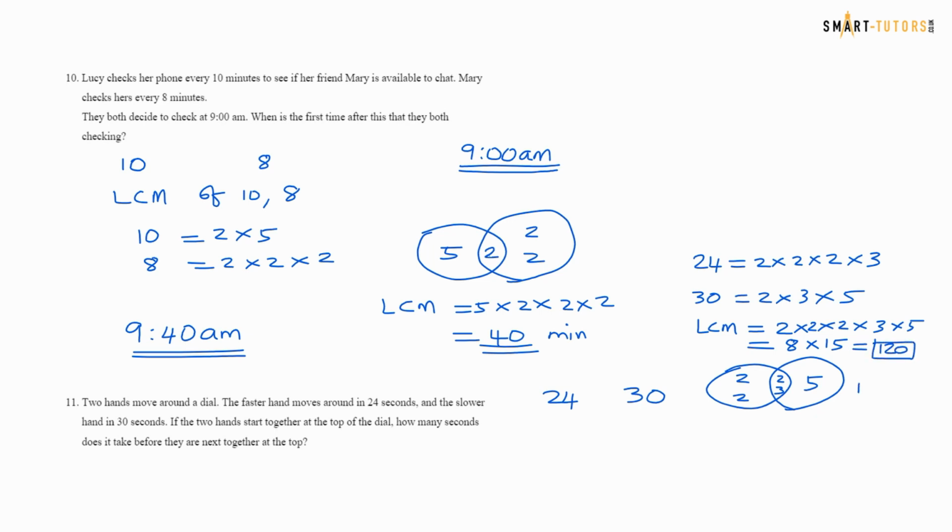So 120 has to be in seconds. Read the question again: how many seconds does it take before they are next together at the top? So you can write: after 120 seconds.